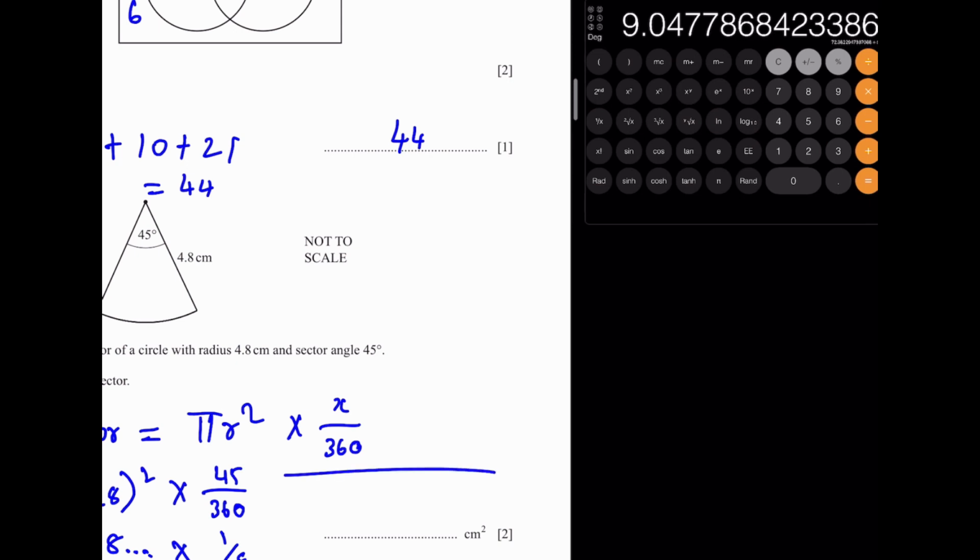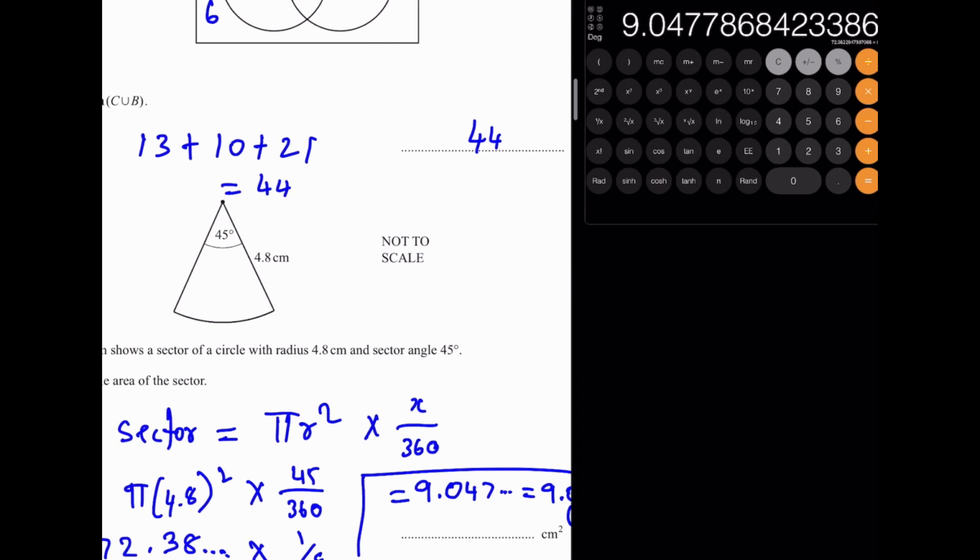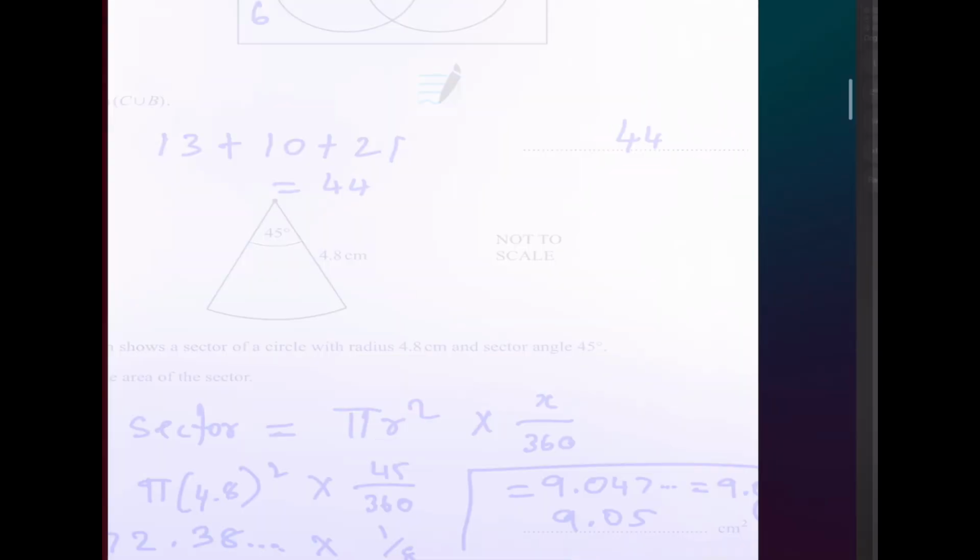So the answer is 9.047, which is equal to 9.05 centimeters squared to 2 decimal places. So that's the area of this sector. Now all we need to do is write it down, 9.05.